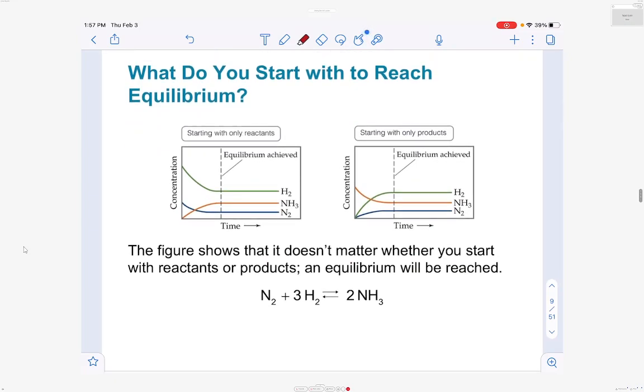Continue with the Haber process. This diagram shows how the concentrations of hydrogen, nitrogen, and ammonia vary with time. The diagram on the left represents the forward reaction.